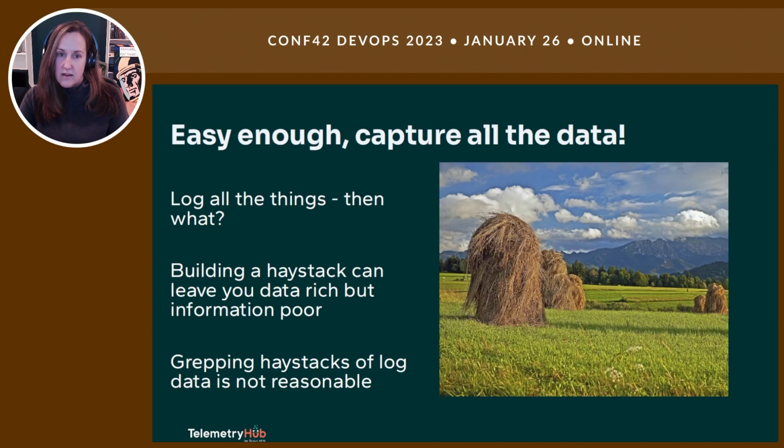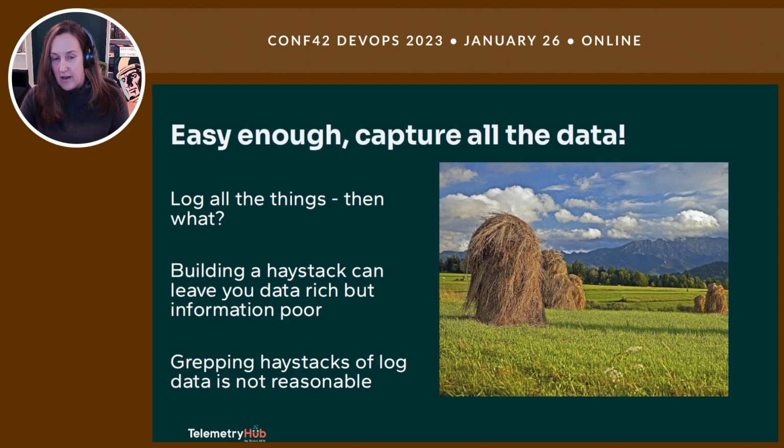It sounds like all I need to be able to answer any question that I could ask my system is all of the data. If I have all of the information, I'll be able to answer all the questions, right? One approach to that would just be logging everything. If we have every little aspect of everything that's happened, then we'll be in good shape, right?